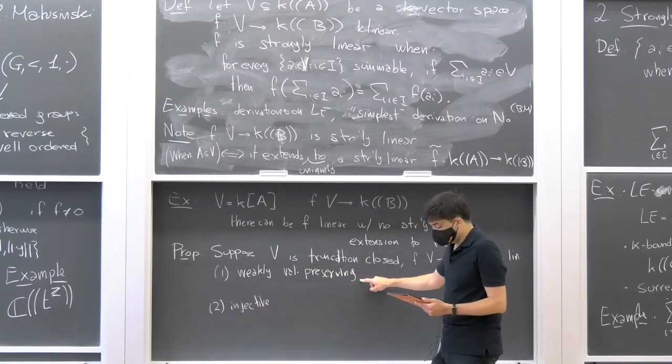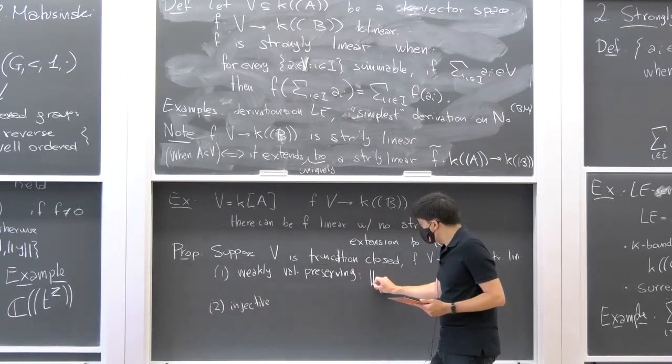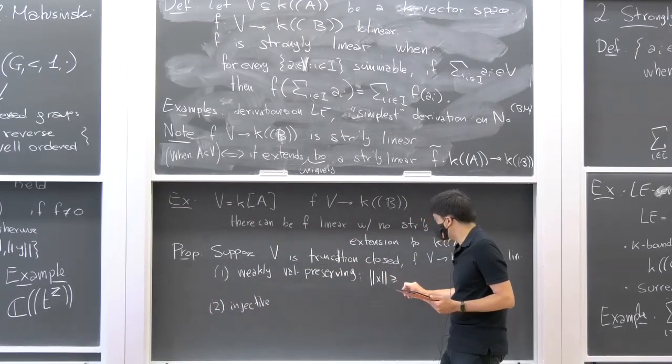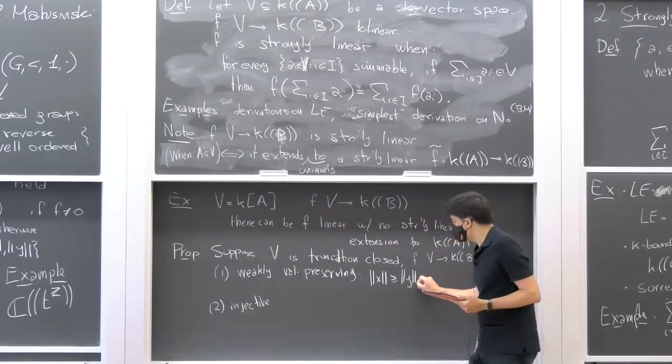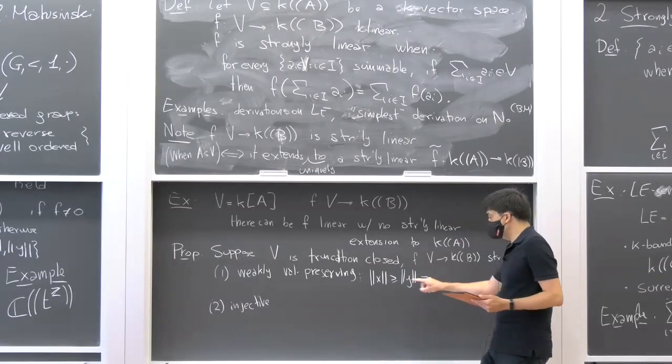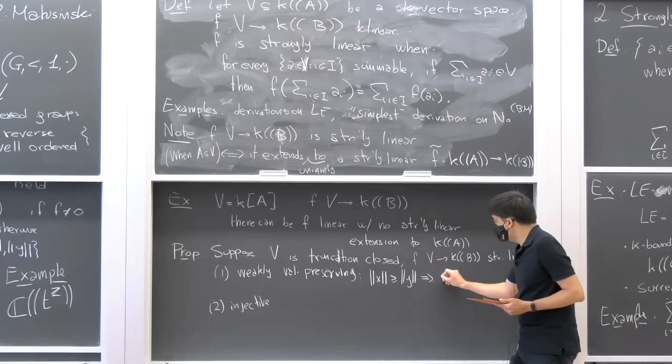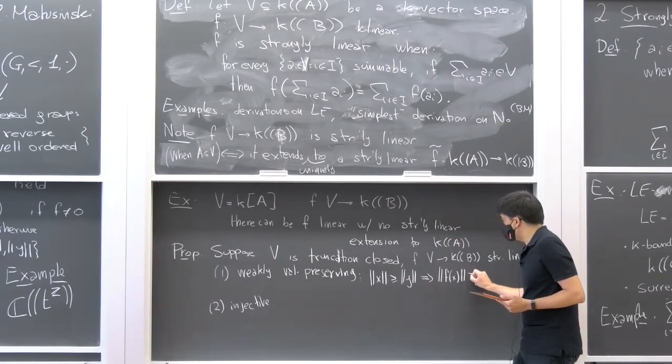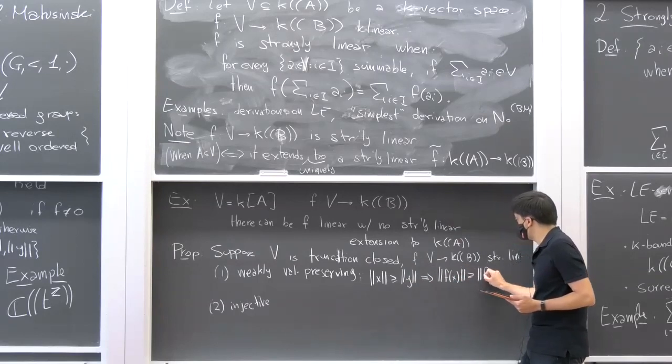So valuation preserving here means that if the valuation of x is greater than or equal to the valuation of y, then the valuation of f of x is greater than or equal to the valuation of f of y.